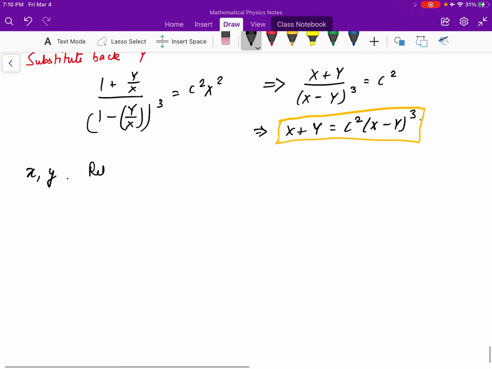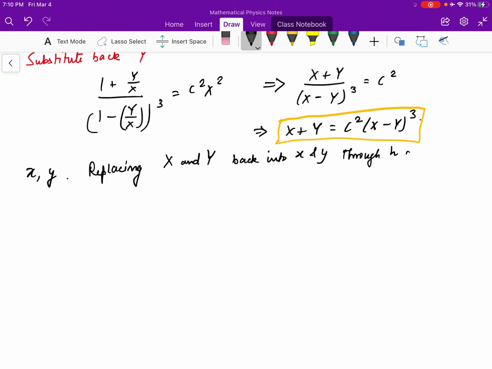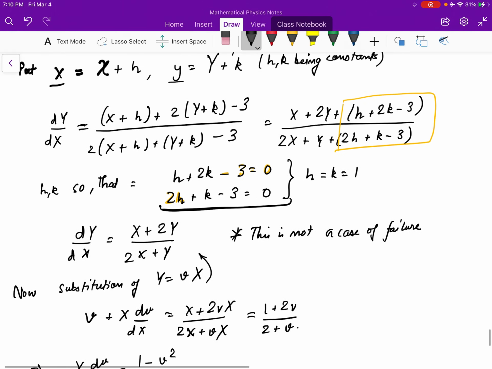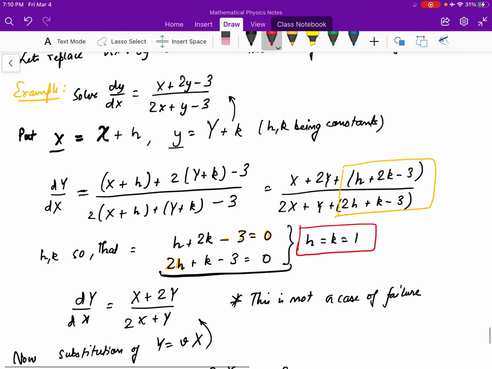So replacing capital X and capital Y back into small x and small y through h and k. Remember the h and k that we solved a long time ago, and we obtained the values of h and k from the simultaneous equations from the constraint conditions that we had.